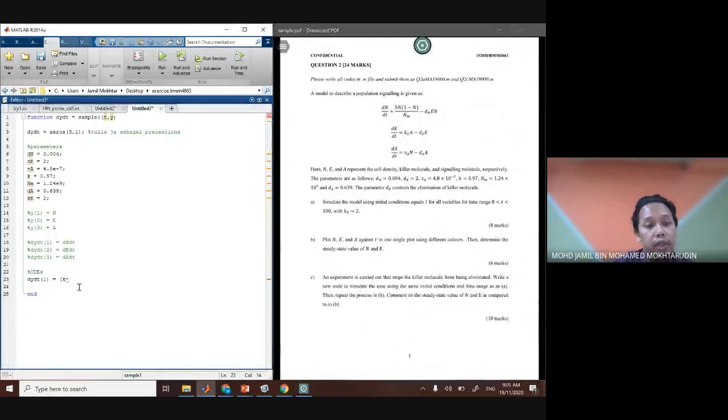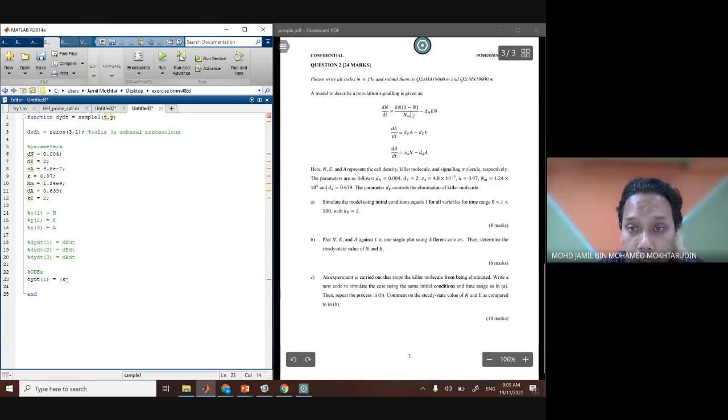Okay, so when you write the equation for the ODE, you need to make sure the symbols match what is given here.